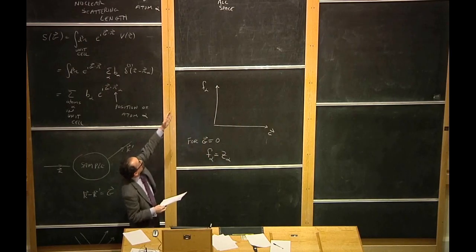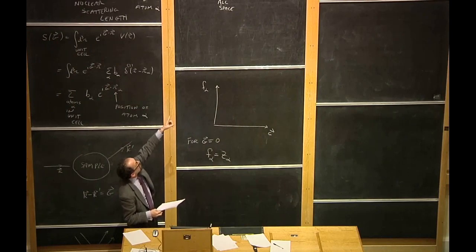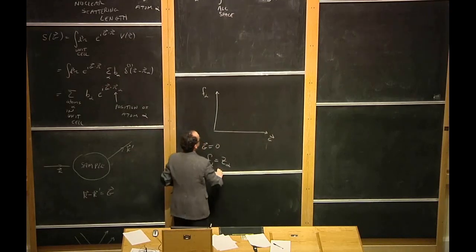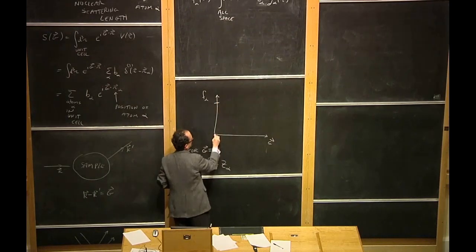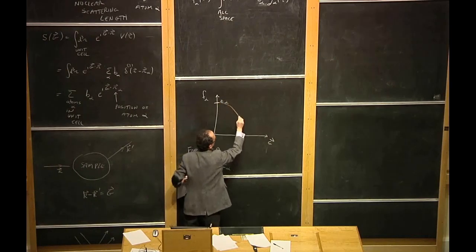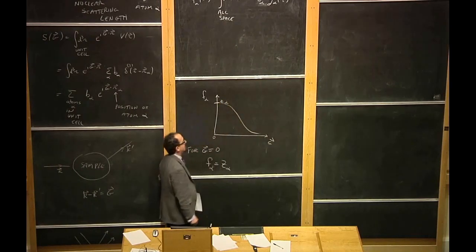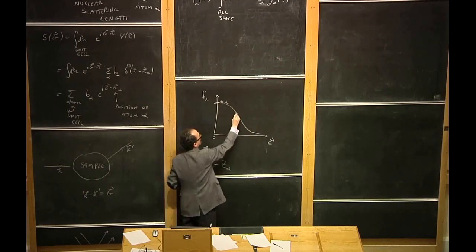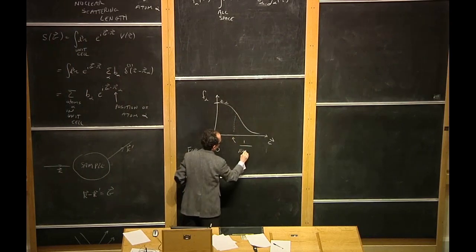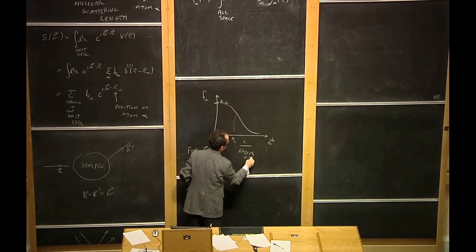You can see if you insert 0 into that integral over all space, g is a normalized shape function, so you just get z back out. So if g is 0, you get z sub alpha up here, but then it decays slowly down to something much smaller, and the decay length is more or less 1 over the radius of the atom.